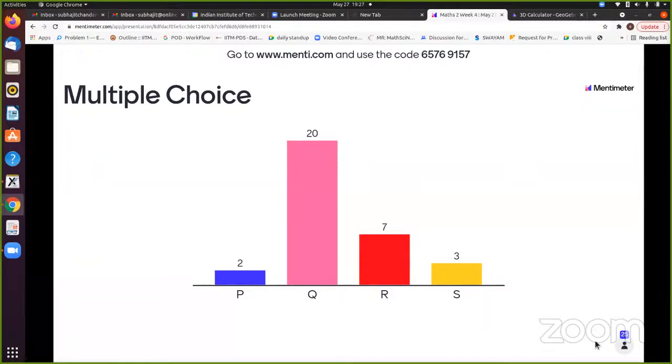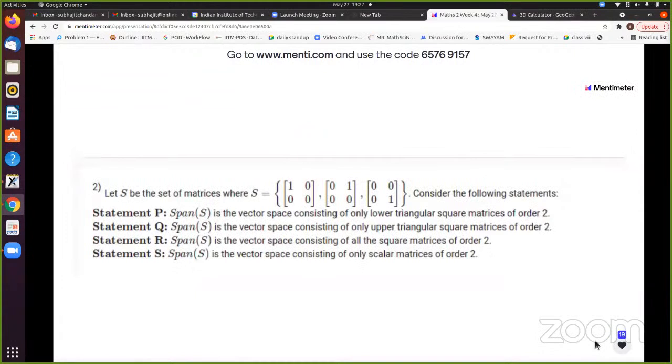Let me go back to the problem and see. Those who have said that P is the correct option, can you explain why? No one has given P. So the A21 element is 0 in all the matrices.